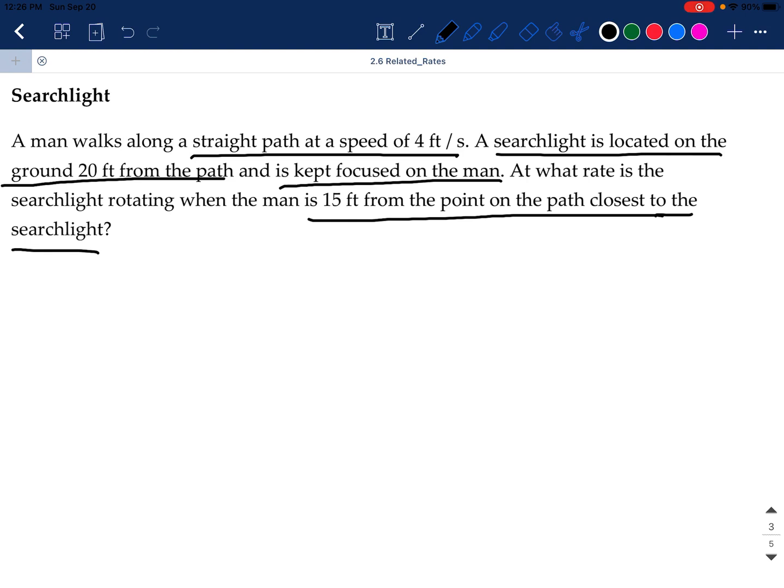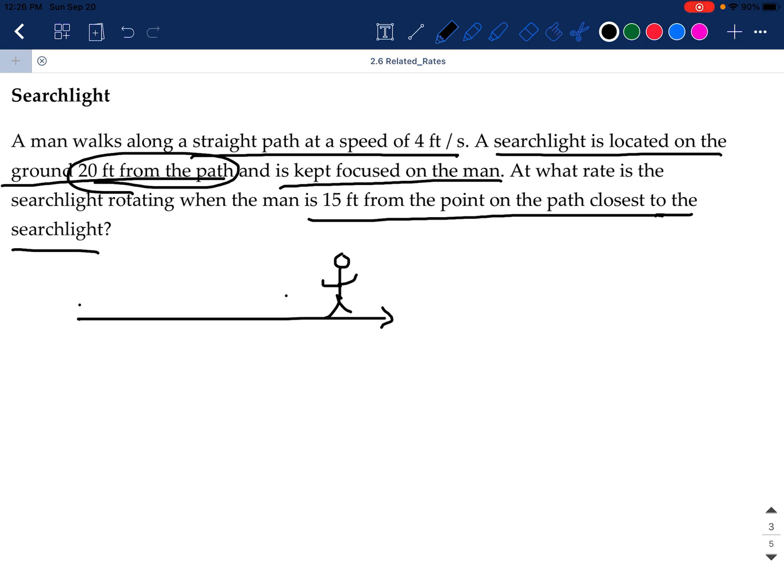So we know that the man is walking along a straight path. We've got the man here walking along the straight path, and the searchlight is located 20 feet from the path. Let's move our man a little further down.